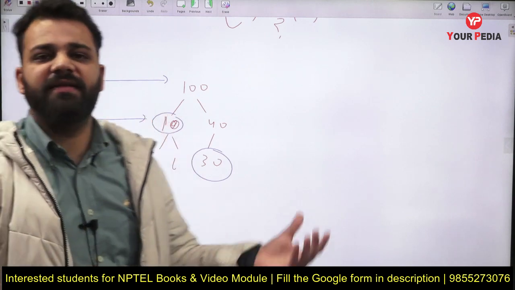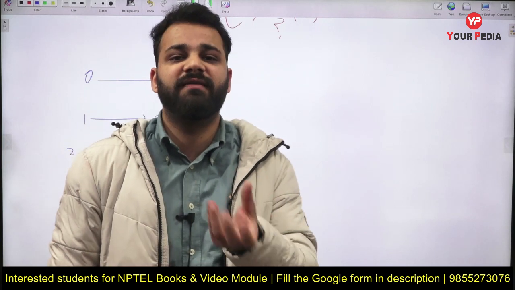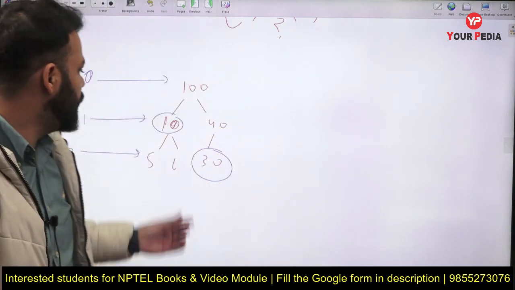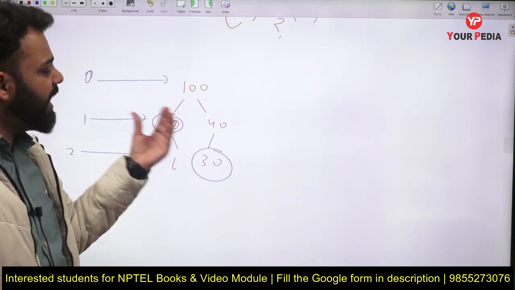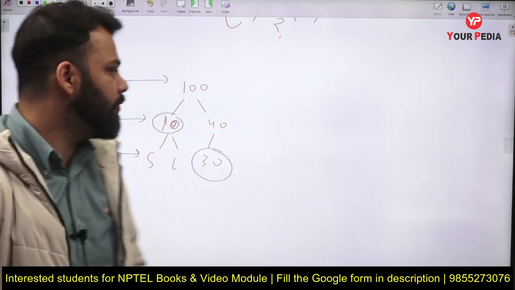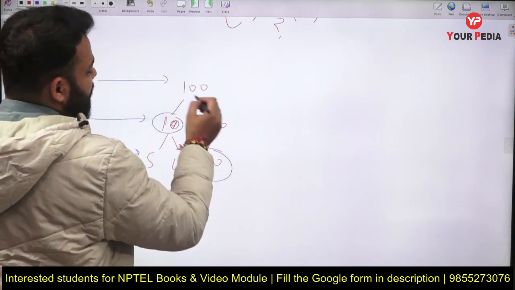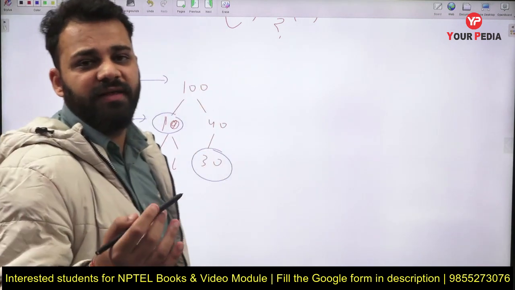You can clearly see that 30 is below 10 in terms of level, but this does not matter in case of heap. You will not compare elements in the other subtrees, or you can say the only thing that matters in this case is that the value of child should be less than the value of parent.